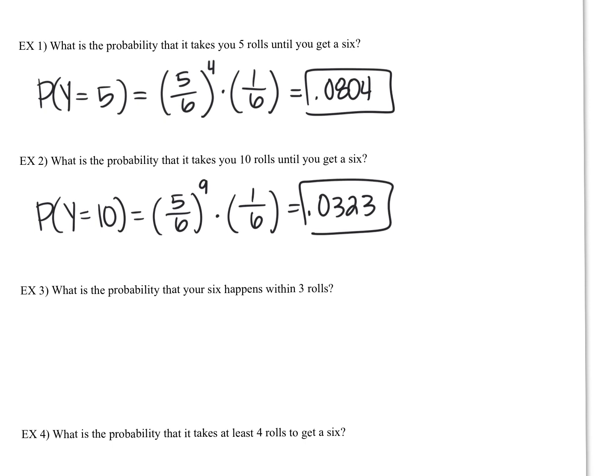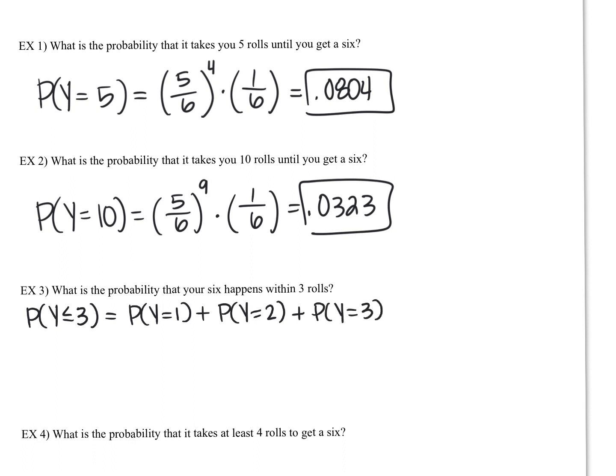Now let's take a look at an inequality situation. What's the probability that the 6 happens within 3 rolls? So that's the probability that y is less than or equal to 3. That's the probability it can happen on your first roll, your second roll, or your third roll. I could do a summation here, but this isn't that difficult of a formula.